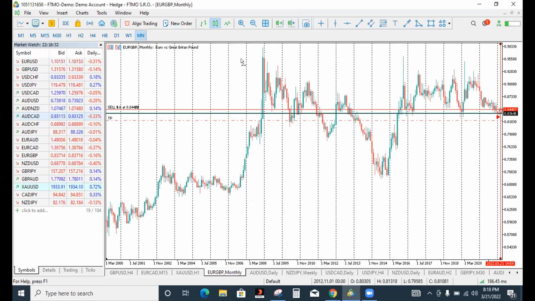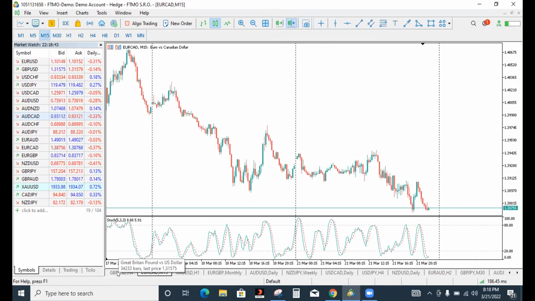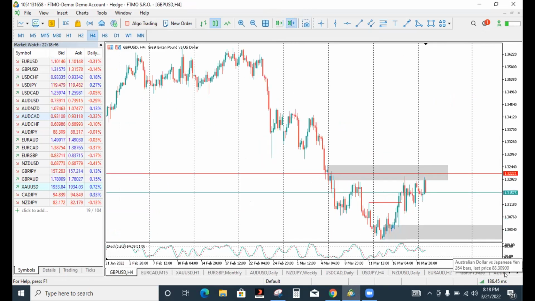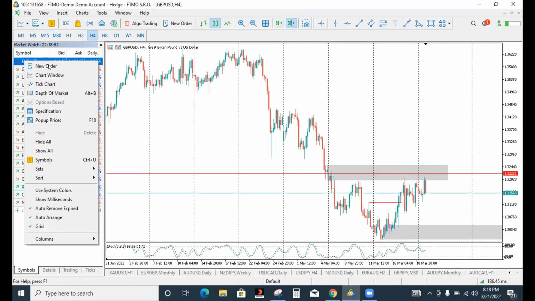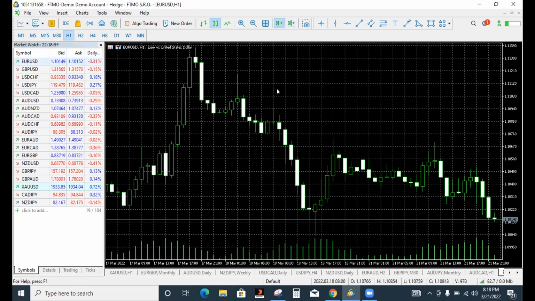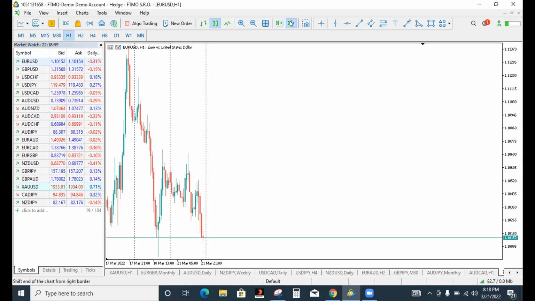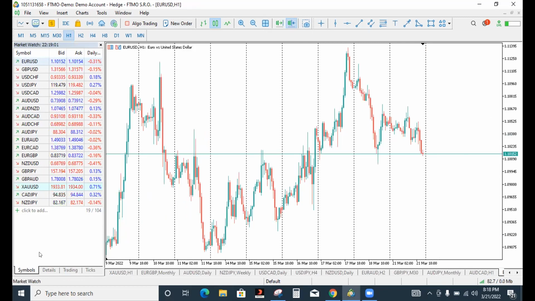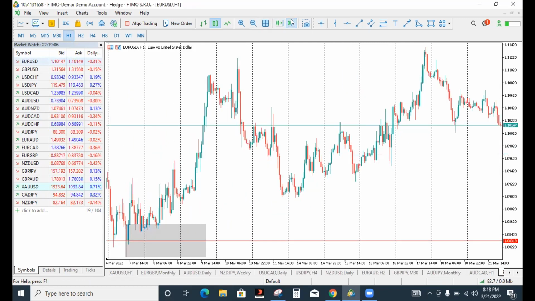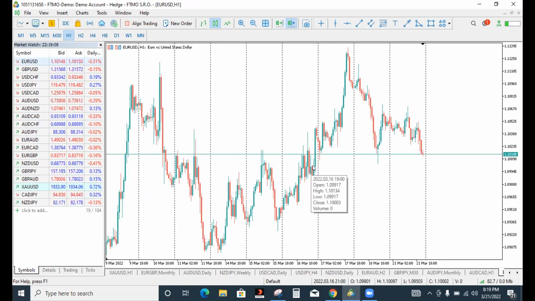So when we go on the monthly, Euro USD, I was thinking if it's possible to join this year and this year since they are so close to each other.